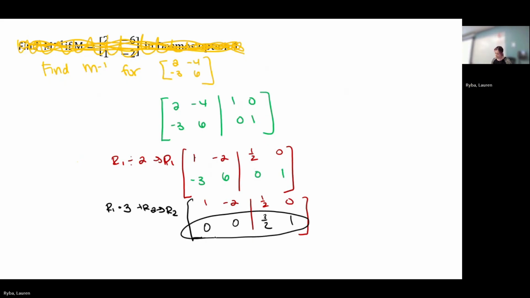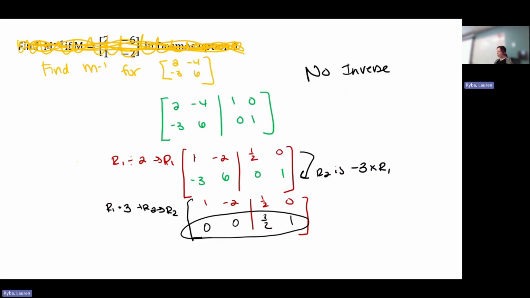However, this is a problem. We cannot have zeros equaling numbers. So this doesn't work. The reason is that this second row is exactly -3 times the first row.